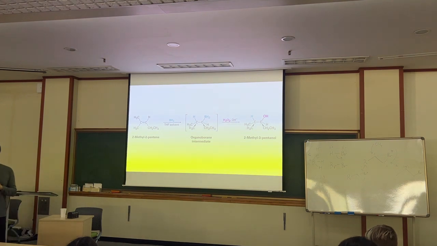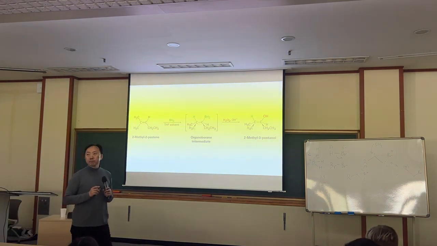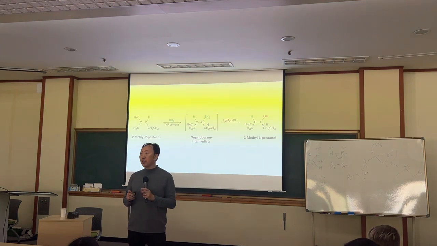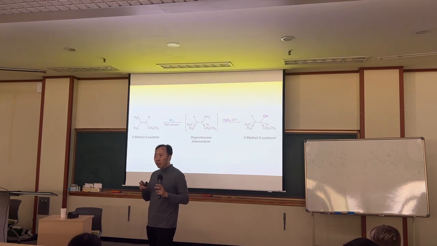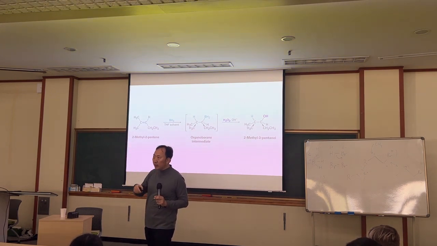Before we look at the mechanism, looking at the product, is this a Markovnikov or anti-Markovnikov product? This is anti-Markovnikov. We have two options. If you want Markovnikov in the laboratory, we use mercury and then reductively cleave. When we add the mercury, hydroxyl is also added, and then we remove mercury.